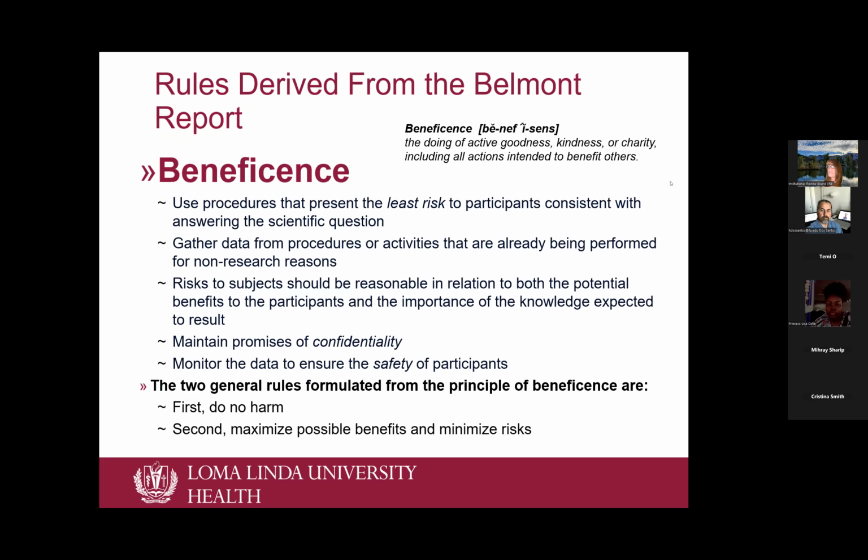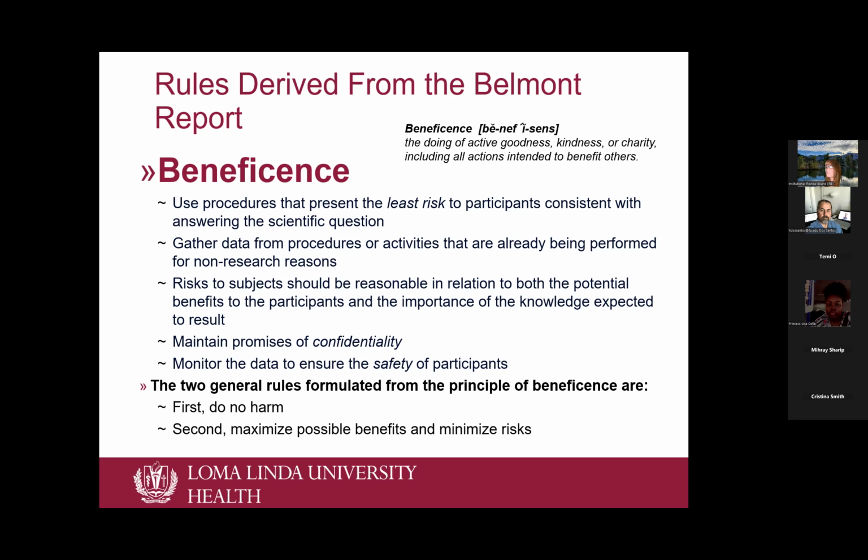Then you have beneficence. This is the use of procedures that present the least risk to participants consistent with answering the scientific question. Gathering data from procedures that are already being performed for standard of care, that you wouldn't be doing specifically for that research study, is going to prevent additional risk for those subjects.